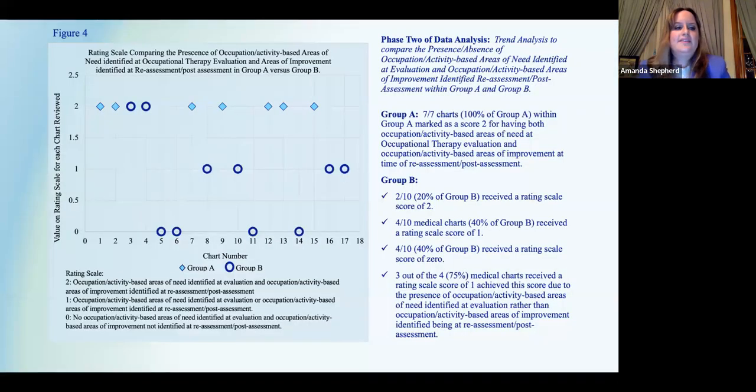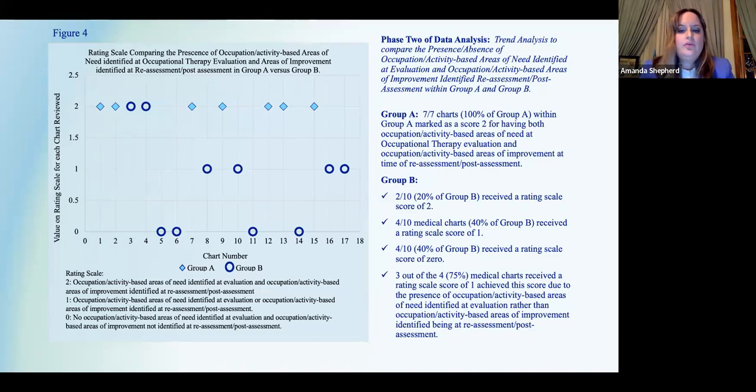The last trend analysis I completed was looking, once again, at the presence of occupation-based areas of need and occupation-based areas of improvement identified throughout the OT process. Same symbols here, blue diamond for Group A, dark blue circle for Group B. So in this case, in Group A, once again, 100% of Group A received a rating scale score of 2 for having occupation-based areas of need and occupation-based areas of improvement identified throughout the OT process.